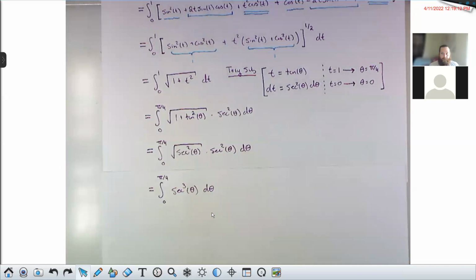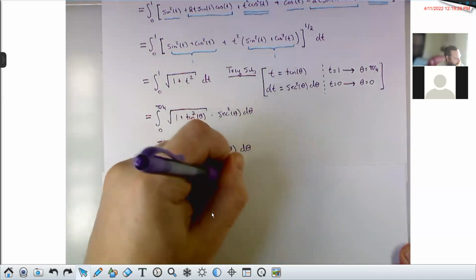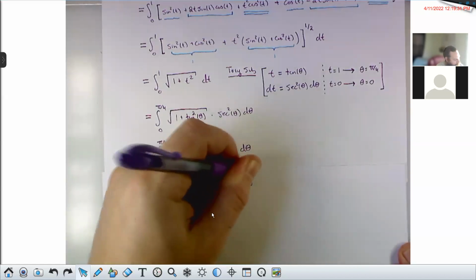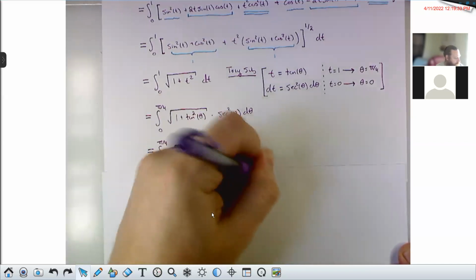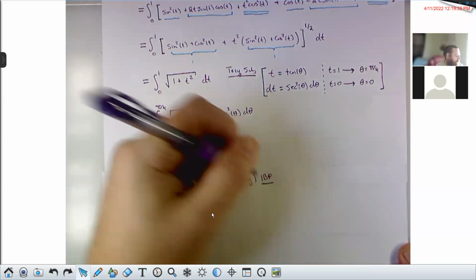Who remembers how to do this integral? Very good, looping IBP. All right, I told you there was a reason we did all that stuff at the beginning of the term.